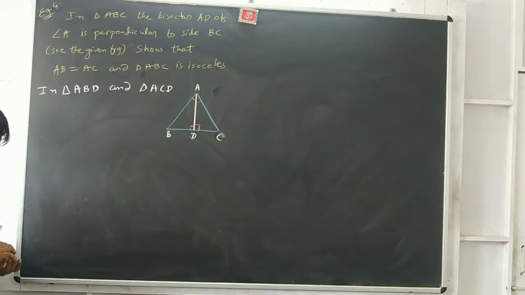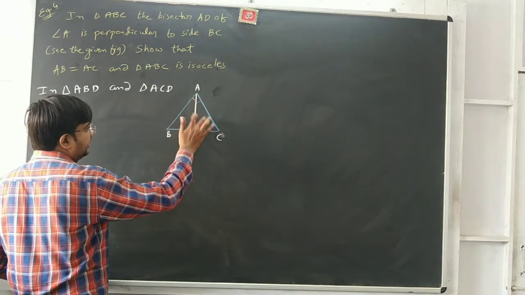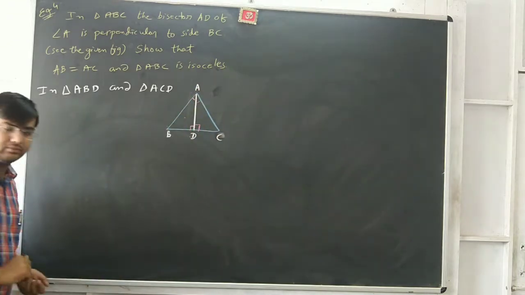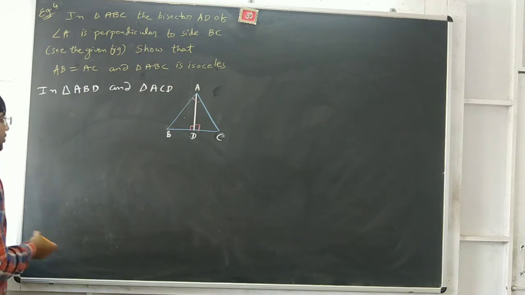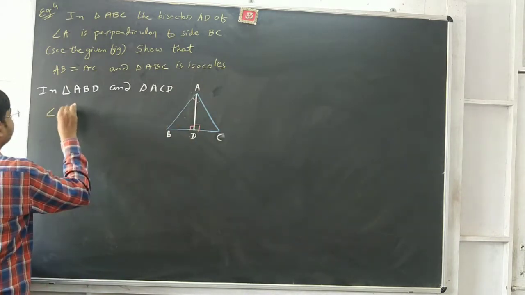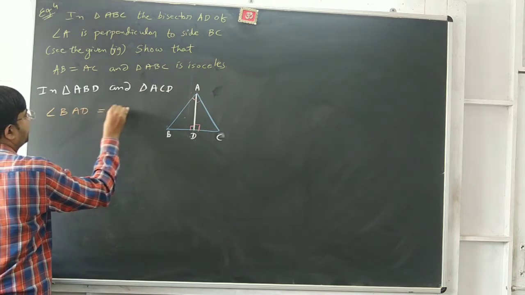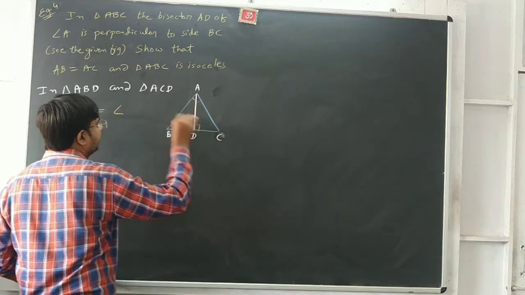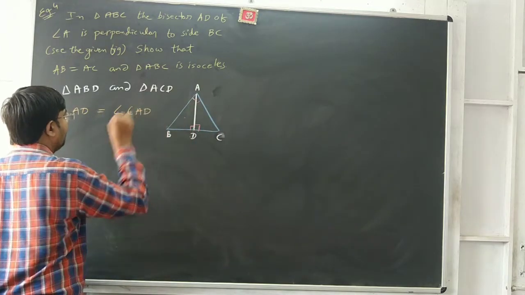I can just write both triangles, ABD and ACD. First of all, I can write angle BAD is equal to angle CAD. Why?